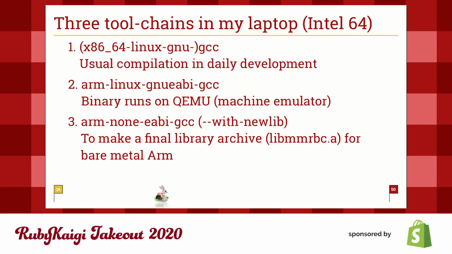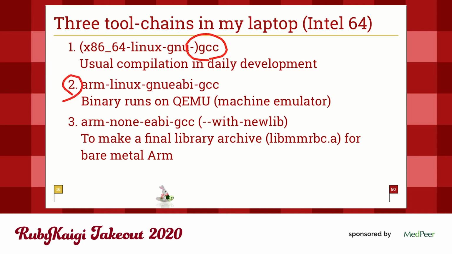I use 3 different kinds of toolchains for my project. One is normal GCC, which is a daily C compiler. Second, I sometimes build a binary for ARM Linux to make sure I didn't make a bug which appears only on the ARM architecture.